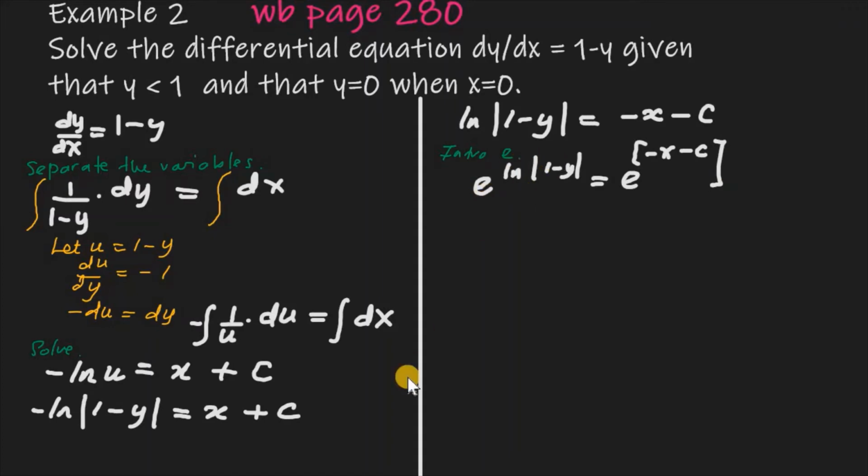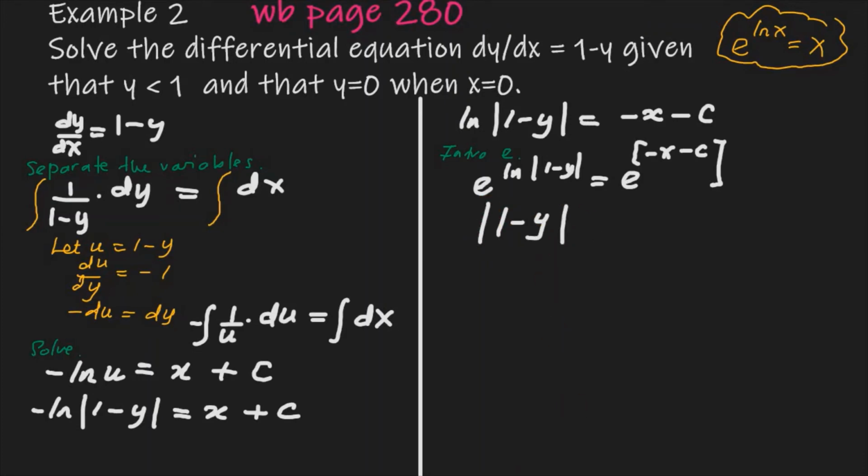And from example 1, we have seen that a property of the log is that e power ln x is x. Okay, the law of log. So we can pull this thing down. So hence it becomes the absolute value of 1 minus y.